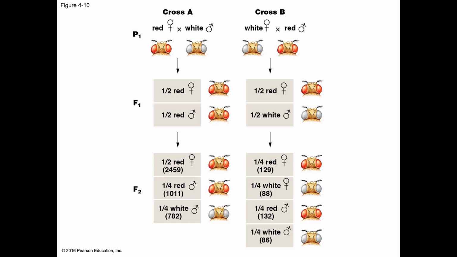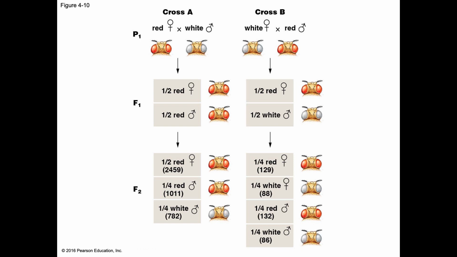So if we look at the other example of a female with white eyes and a male with red, what you end up seeing in this case is all of the female offspring are very lucky because dad had a normal X chromosome. Even though both of mom's were defective, the female offspring got the normal one from dad.